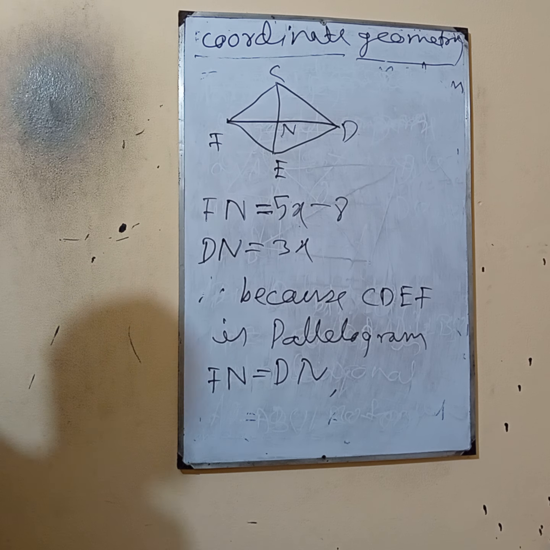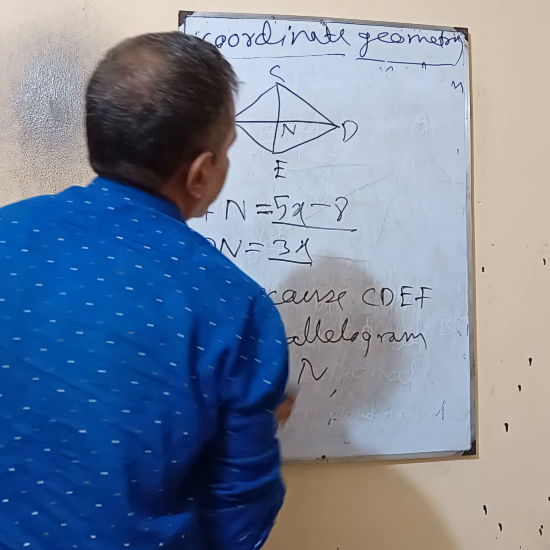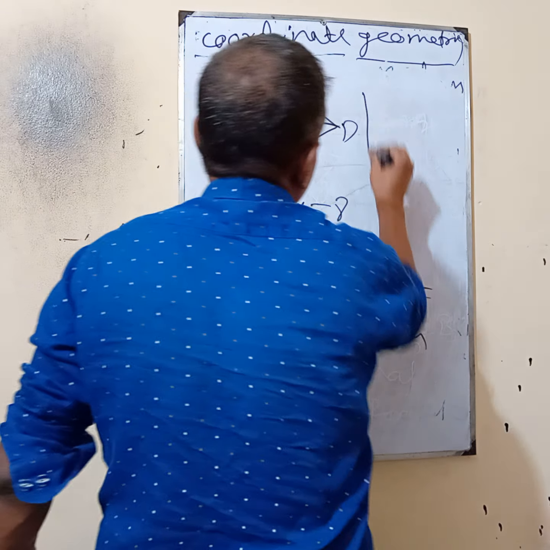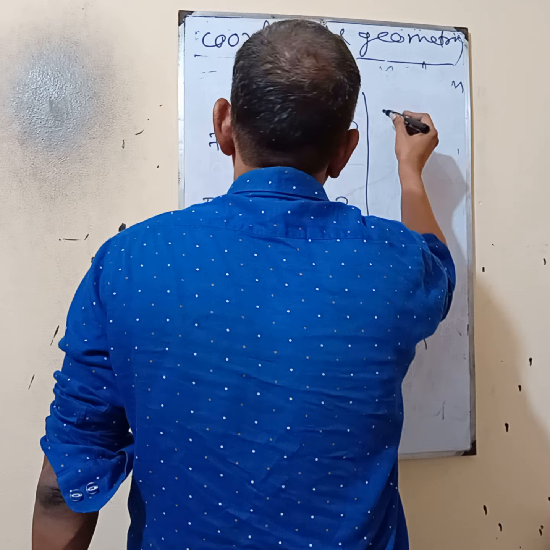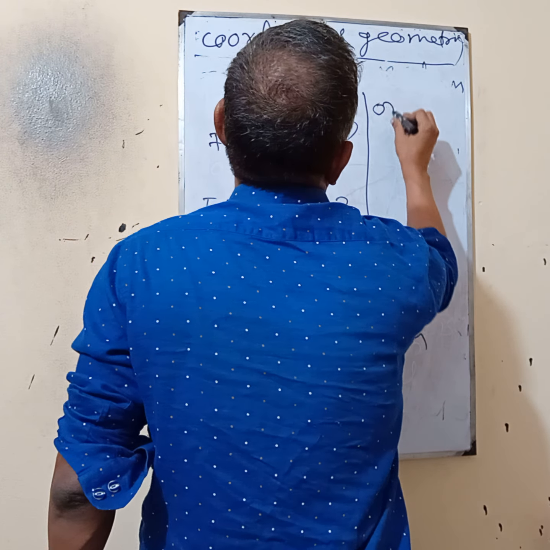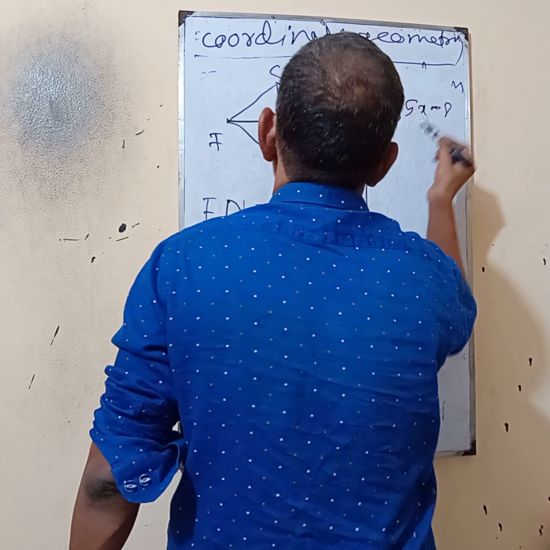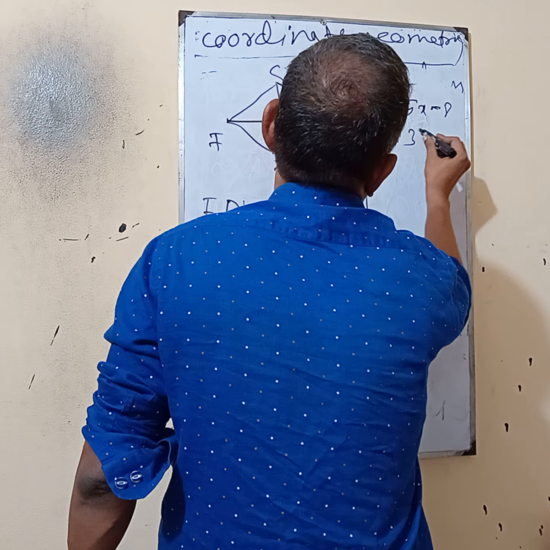Now FN is 5x minus 8 and DN is 3x, so 5x minus 8 is equal to 3x.